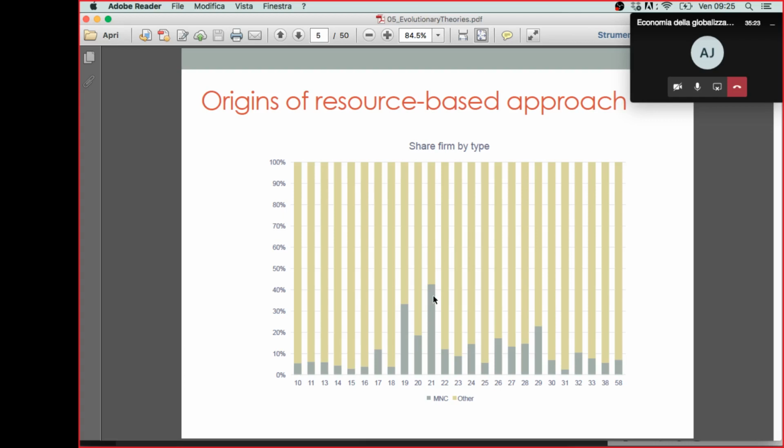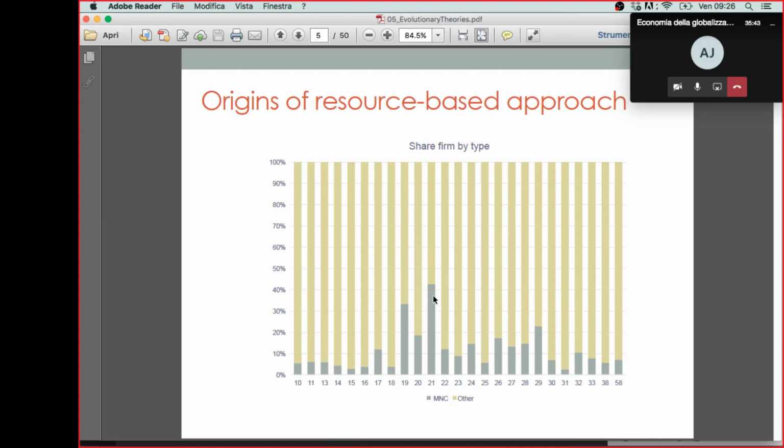Why is this interesting? Well, because again, if you apply what I was saying before in terms of the size of the firm to our analysis of multinational companies, and you apply transaction cost economics to explain why multinational companies exist, again, what matters is the extent to which a firm decides to internalize foreign production activities.